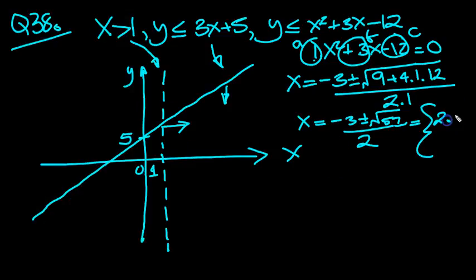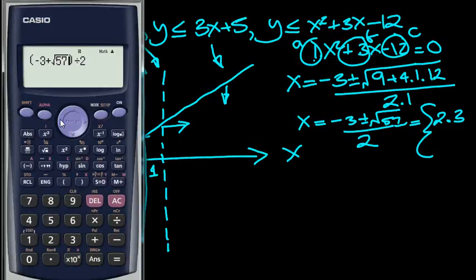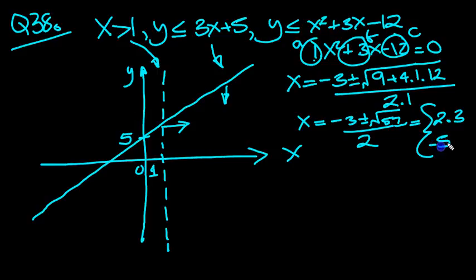So it's 2.3. Now the other one, all we have to do is toggle back and change that plus to a minus. And press equals and get the decimal. Minus 5.3. There we are. So we got 2.3. That was 1. So 2.3. And minus 5.3, which would probably be back here somewhere.